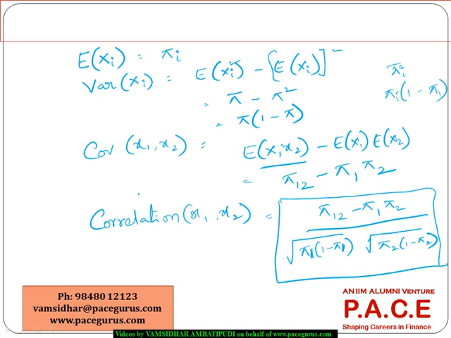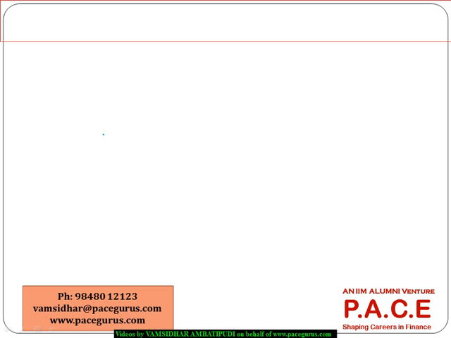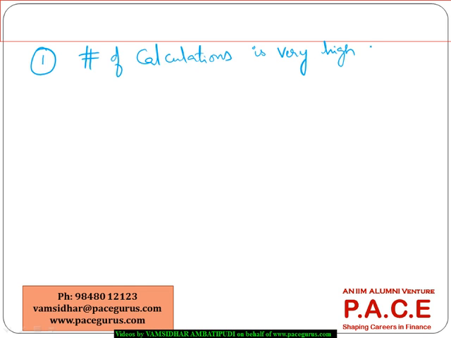But however, as I have already hinted, there are a few drawbacks with this framework. The first of them, I have already hinted: the number of calculations that are required is very high, especially if the number of positions increases. For 10 positions, I require 2 power 10 probabilities to be computed.